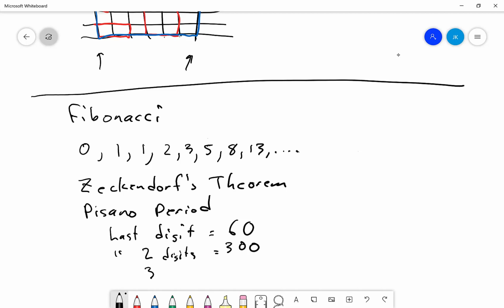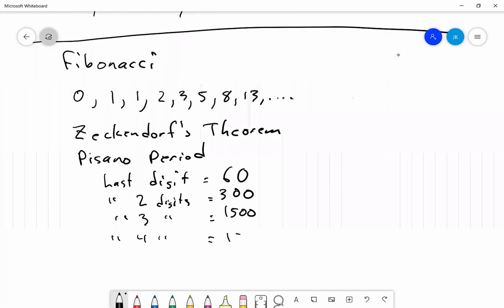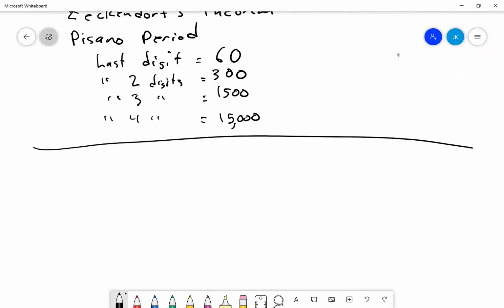The last 3 digits will repeat every 1,500 numbers. And the last 4 digits will repeat every 15,000 numbers. Okay, so anyway, just weird things having to do with Fibonacci numbers. They're a lot of fun to look at. It's mainly just a sequence that it's useful to recognize.